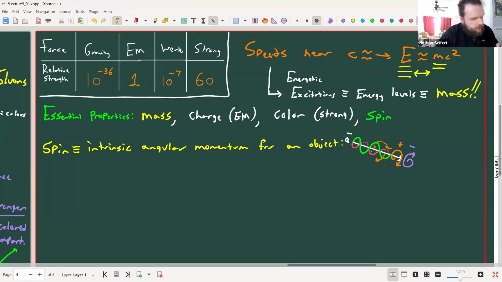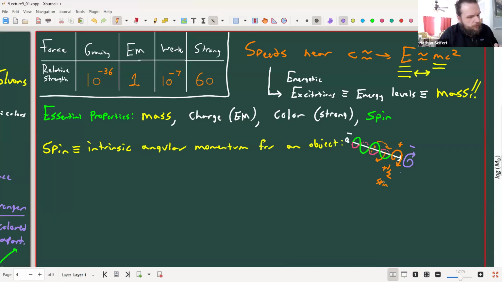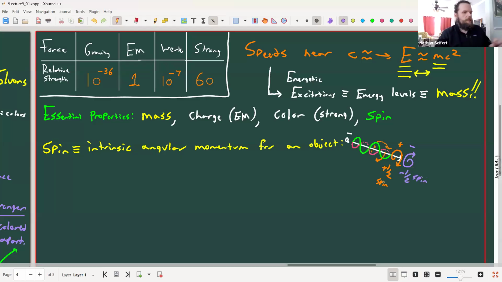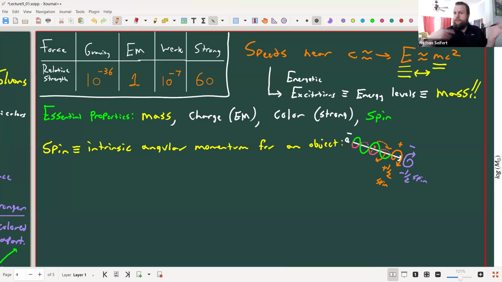So we say that this is the plus 1/2 spin, and this is the minus 1/2 spin. So we say an electron has spin 1/2, and those are the two possible states. They have a helicity of the field, some circular motion along the path.